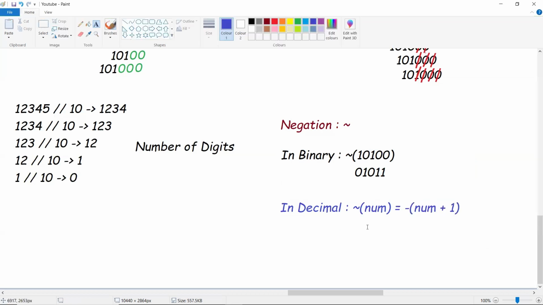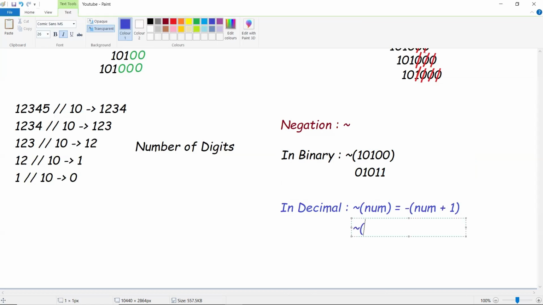So if I take some example like negation of 5, the answer would be minus 6. So minus of 5 plus 1, the answer would be minus 6. If I take negation of 20, the answer would be minus 21.